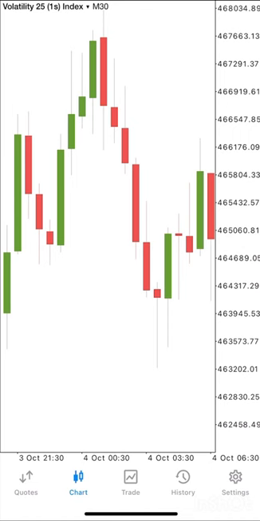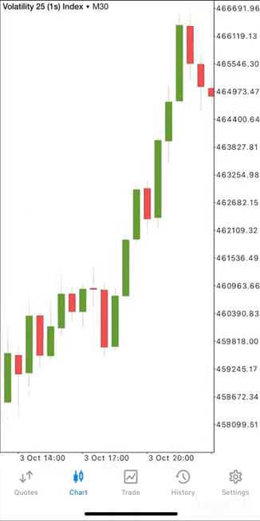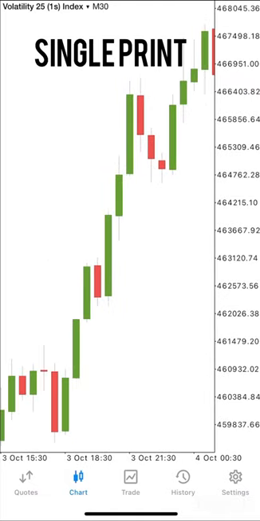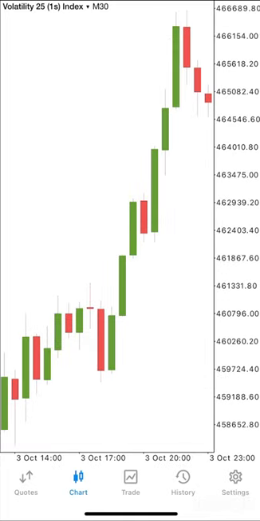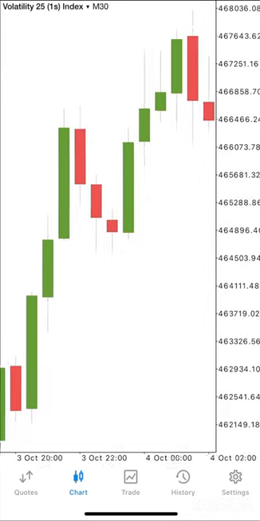For example, if the candle forms as a bullish candle, it won't experience any counter bears within that candle. This candle is known as a single print, and it is the most important candlestick you have ever heard about or seen. Now let me show you.